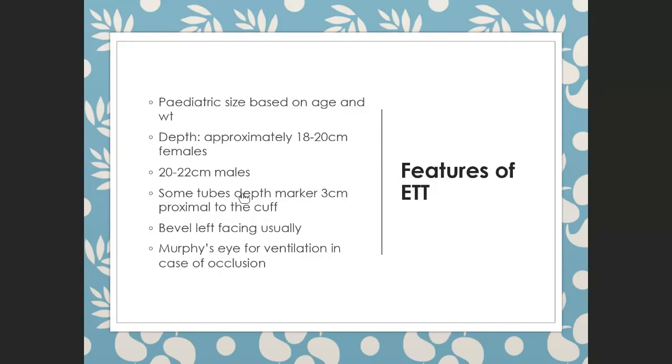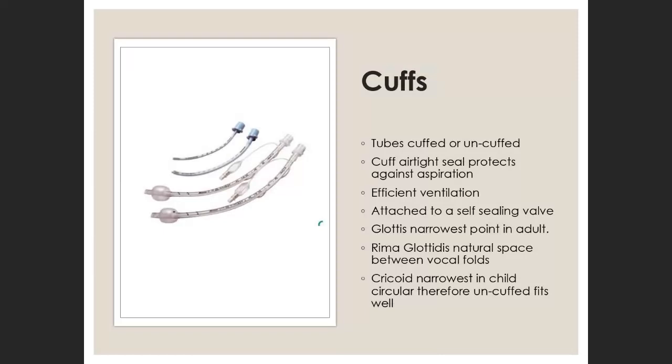All right? When we spoke on the previous slide about the depth marker here, 3 centimeters proximal to the tube, let me just show you in this slide. So in the pediatric one, if you look carefully, there is a line from the tip of the tube to about there.